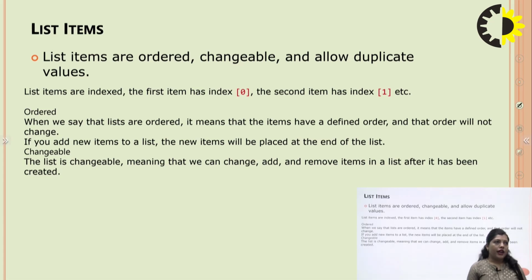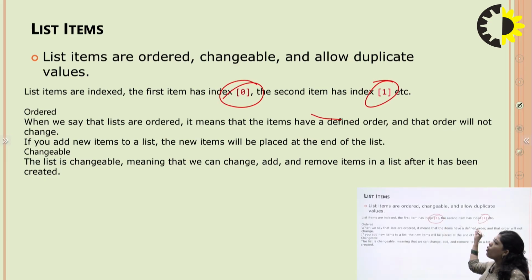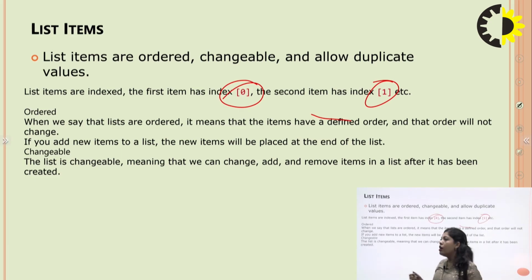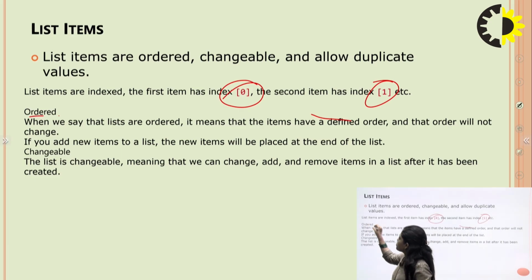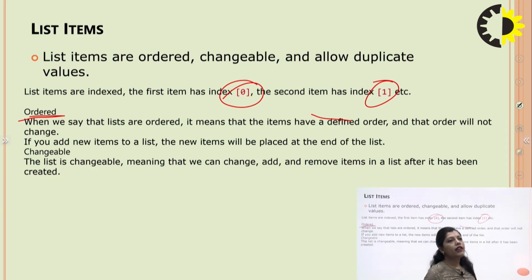Next is list items. List items are indexed. The first item is indexed with the 0 value and the second item is indexed with 1 and so on. And a list is an ordered collection. When we say that lists are ordered, it means that items have a defined order and that order will not change.